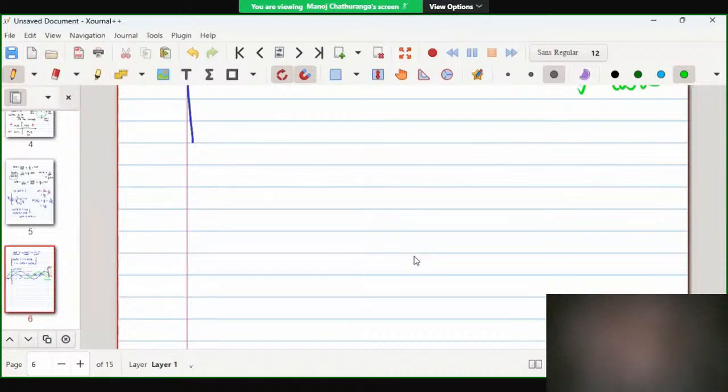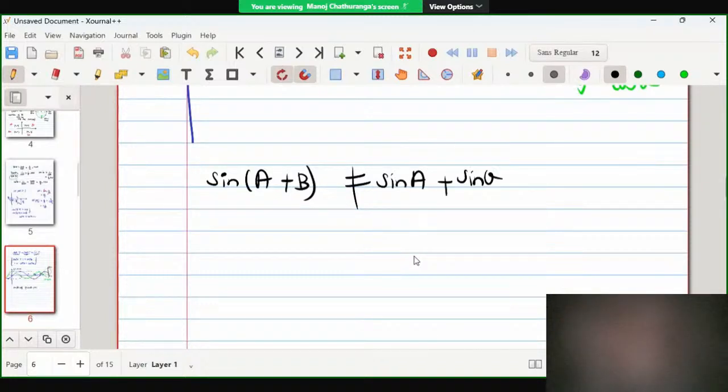Next, we talk about addition formulas. We know sine of, let's say, the sum of two angles. Like any other function, this cannot be sine A plus sine B. It can be, but we need a justification for that.